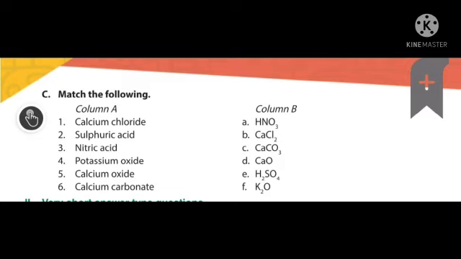Have you all understood? So calcium oxide means CaO. Calcium chloride means CaCl2. Don't forget. By this we can end this session.